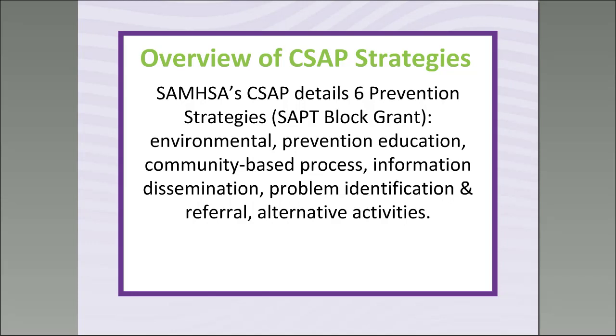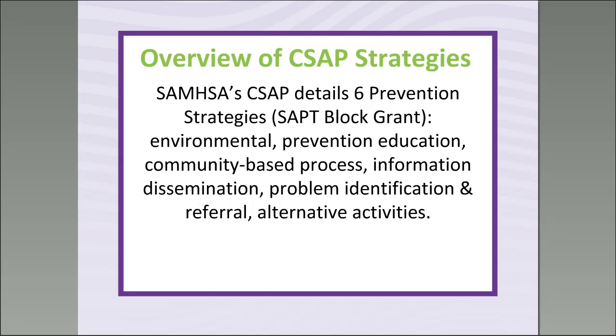The Public Health Service Act required the Secretary of the U.S. Department of Health and Human Services to create regulations as a precondition to making funds available to states and other grantees under the block grant. This was published on March 31, 1993. SAMHSA's Center for Substance Abuse Treatment, in collaboration with the Center for Substance Abuse Prevention, administers this block grant.